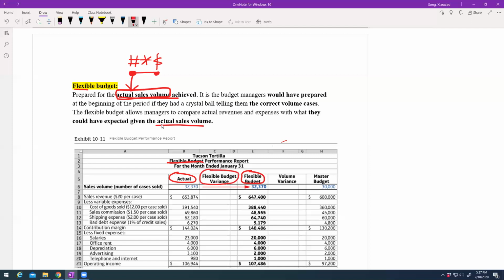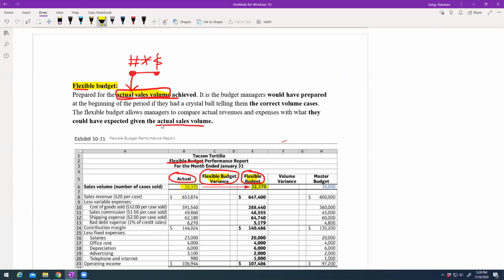When we talk about the flexible budget or flexible budget variance, we always use the actual sales volume. Our actual sales volume is 32,370 units. For our flexible budget, we use the same number, 32,370. Now we want to get our sales revenue.